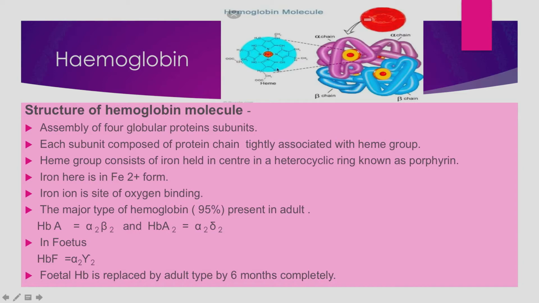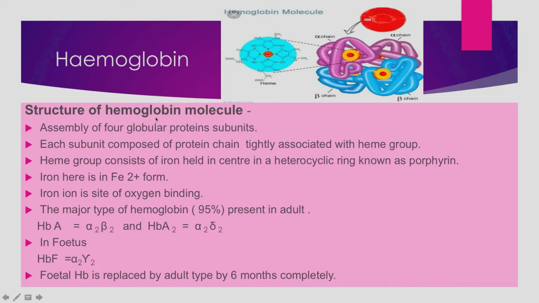So this is the heme in which iron is in the center, and this is the porphyrin ring, and this heme is in the center of one chain which is the alpha chain. Right, so 2 alpha chains and 2 beta chains are there in an adult hemoglobin, and such complete hemoglobin molecules are in a great quantity. Approximately 640 million hemoglobins are there in one RBC.